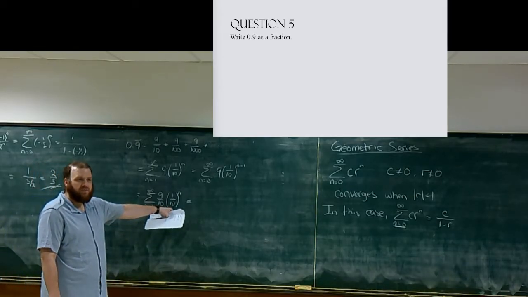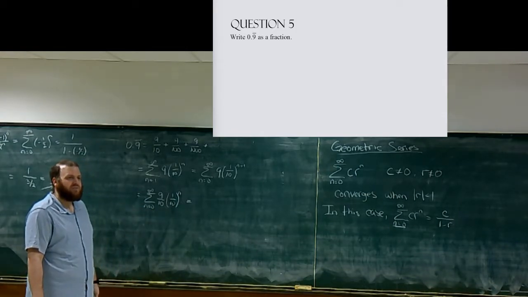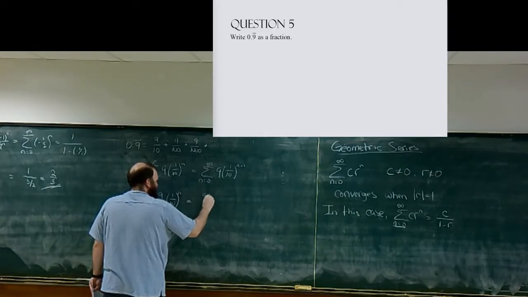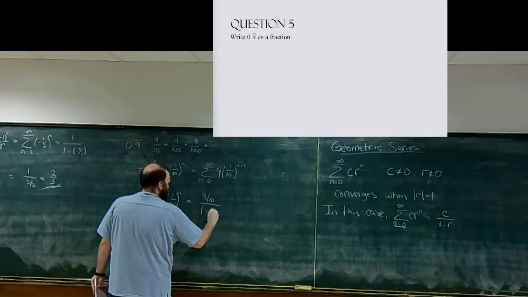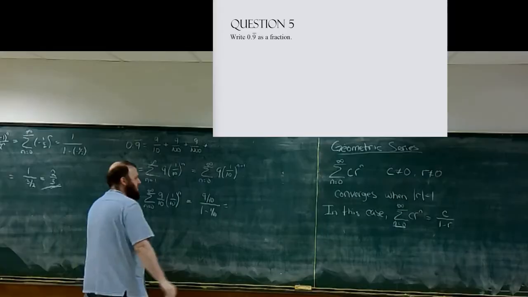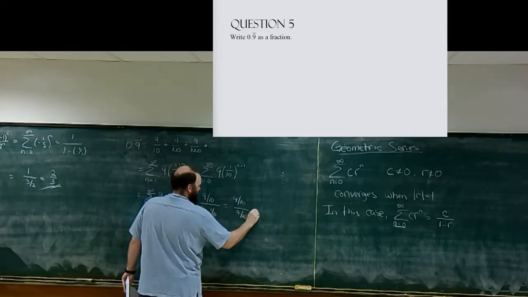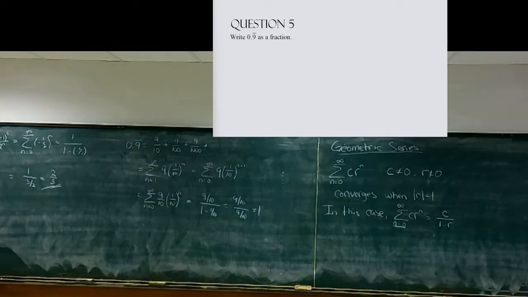R is 1/10. Absolute value is less than 1. This converges. It converges to 9/10 over 1 minus 1/10. So 0.9 repeating is 1.